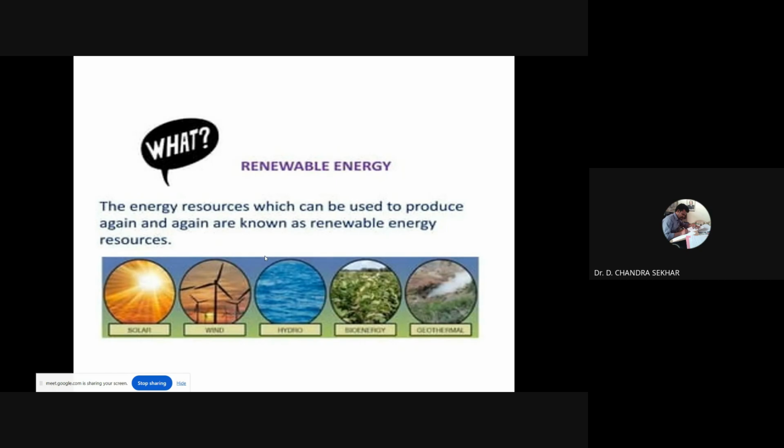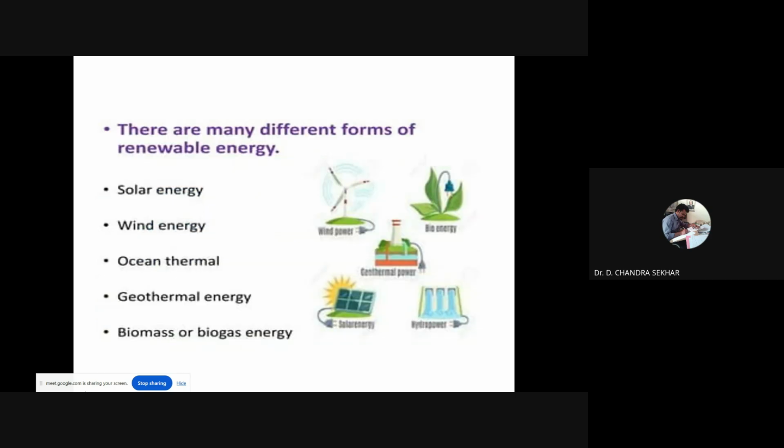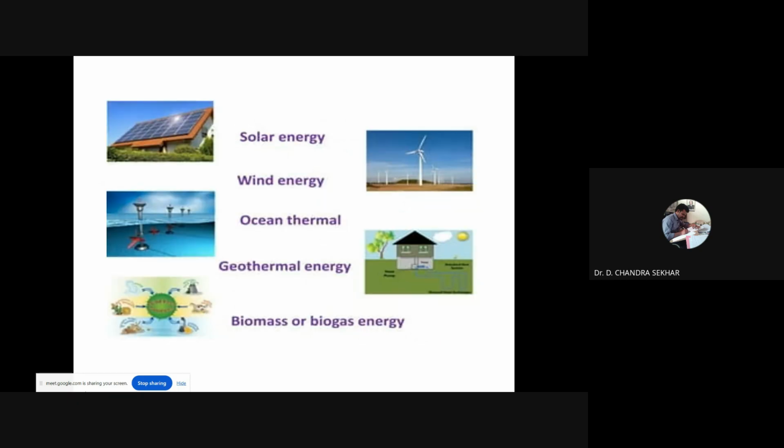We already know a few existing renewable energy sources. I just want to give their names, and I don't want to discuss anything here because you all know them. The basic renewable energy sources producing electricity up to now are solar, wind energy, ocean thermal energy, geothermal, and biomass or biogas.